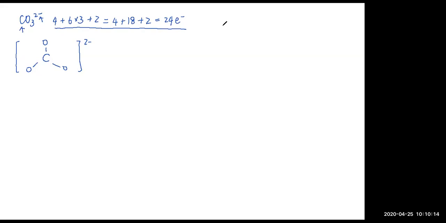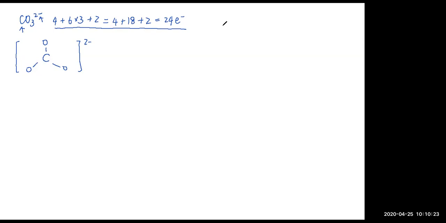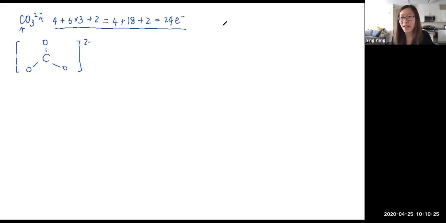And then when I write carbon as 6, I realize that something is wrong, it doesn't look right. Because carbon is 3 elements apart from fluorine, and that makes me realize this is not right.